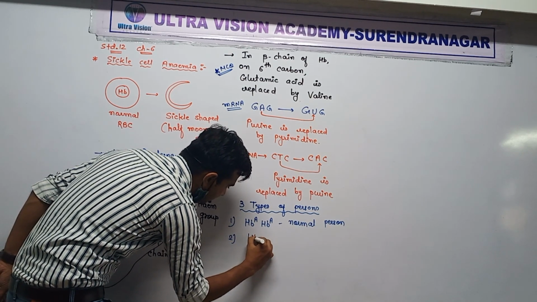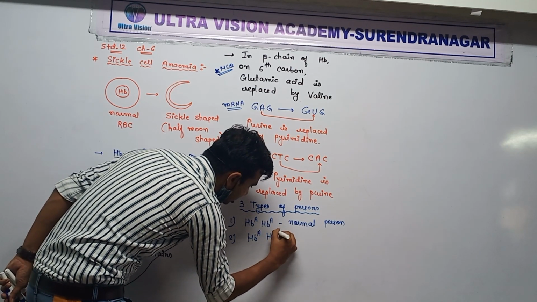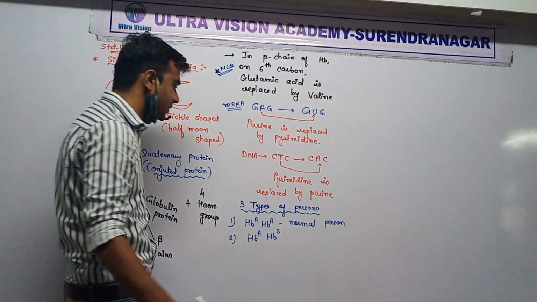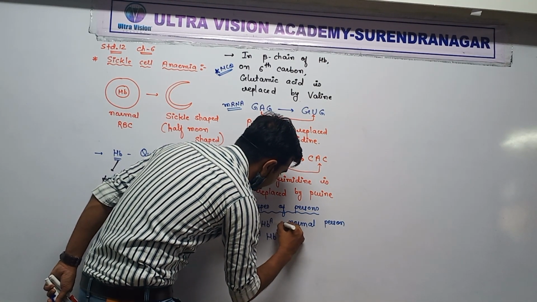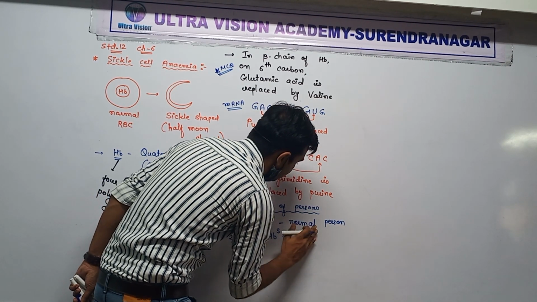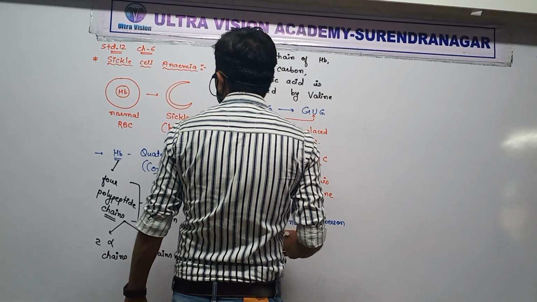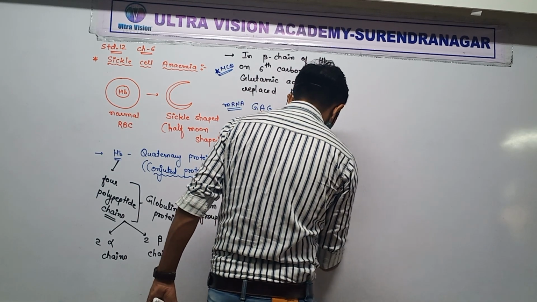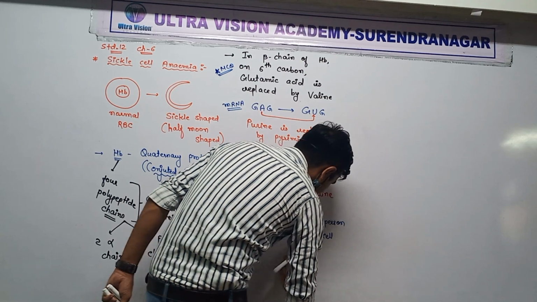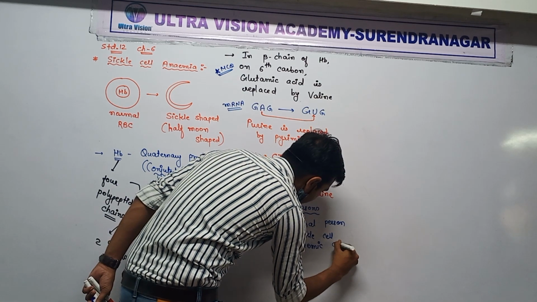Second, one gene HbA is normal and another gene is affected, HbA HbS. So we say that sickle cell carrier, sickle cell anemic carrier.